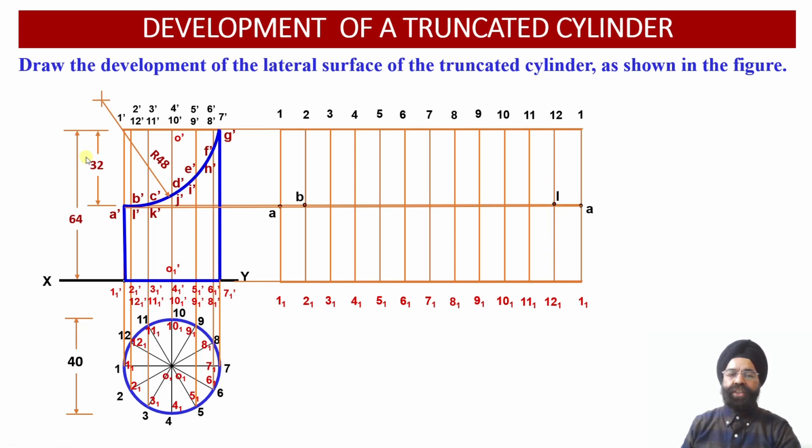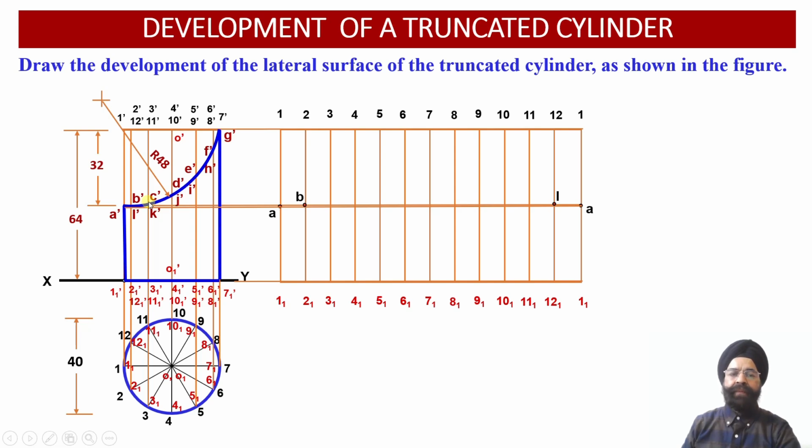So now the next 2 points of intersection happen to be C dash and K dash. C dash point happens to lie on the vertical generator 3 dash and 3 1 dash, whereas K dash point happens to lie on the vertical generator 11 dash and 11 1 dash over here. So the points C dash and K dash have again overlapped with each other.